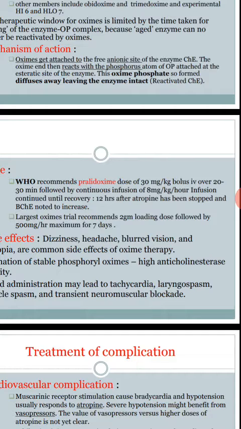Later, they immediately interact with the phosphorus atom of the organophosphorus compound attached to the ester site. So the phosphorus atom, instead of interacting with the ester site present on the enzyme, interacts with the oxime. The oxime-phosphate complex is formed, and immediately the free enzyme is released.